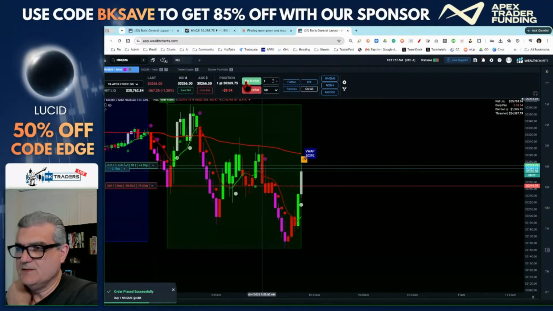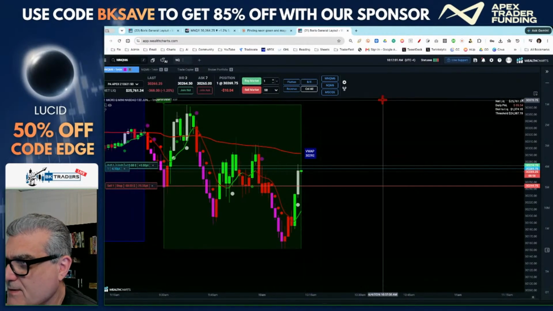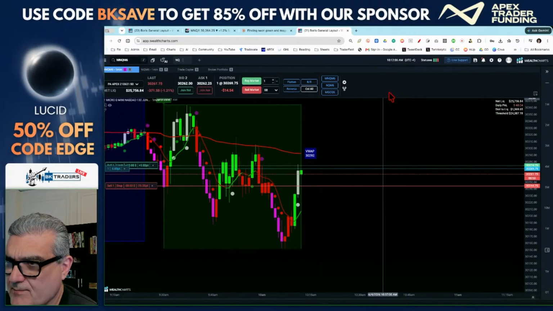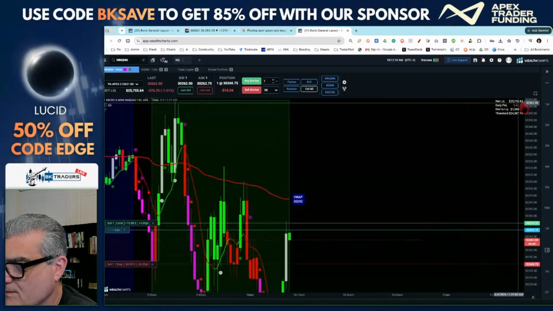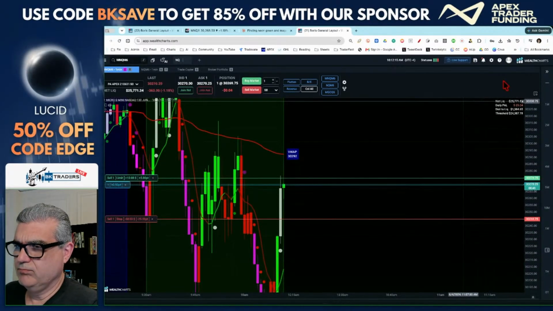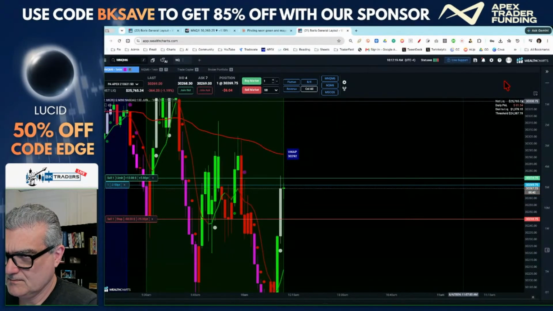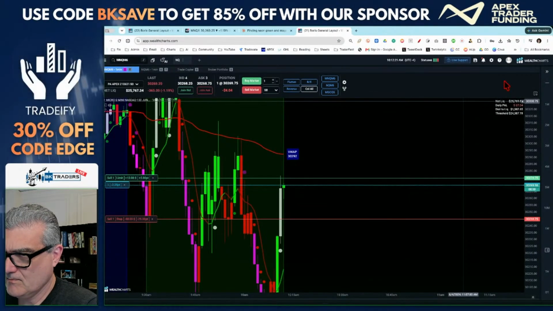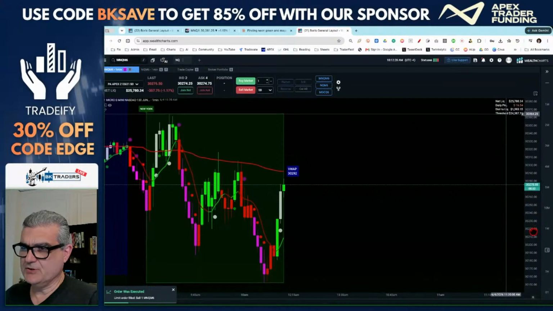All right, let's see if this holds. I just entered a little too early. Let's see if we can make this play. There we go. The bullish reversal works like a charm.